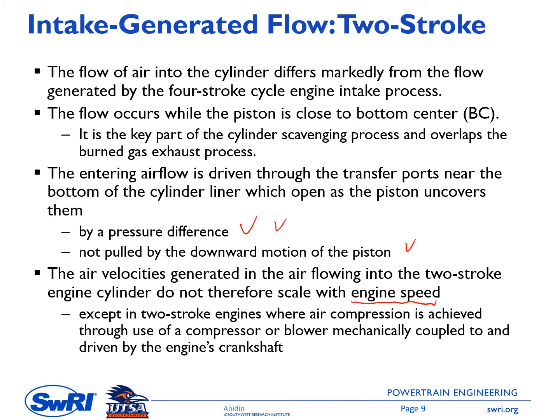This happens for almost all two-stroke engines, except for the two-stroke engine where air compression is achieved through use of a compressor or blower that is mechanically coupled to and driven by the engine crankshaft. It means that if we have higher engine speed, we will have higher speed of the compressor blade, and thus also higher airflow. For this case, the airflow for this two-stroke engine is a function of the engine speed.